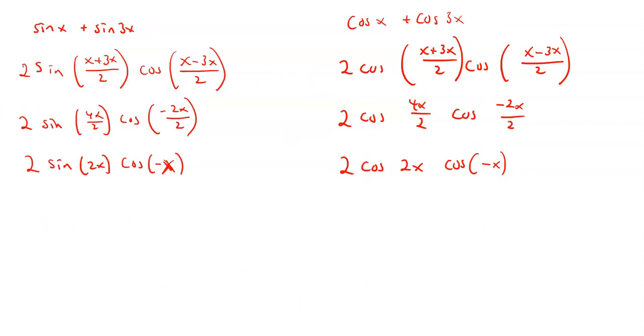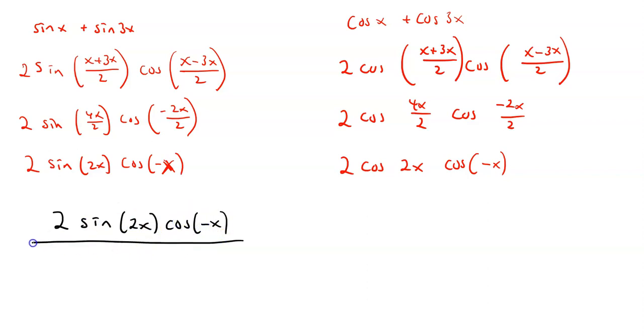So the original problem asked us to divide those two, to take the sine and divide it by the cosine. So let's do that and see what happens. Let's take the numerator, 2 sine 2x cosine negative x, and divide it by what's on the right side, which is 2 cosine of 2x cosine of negative x.